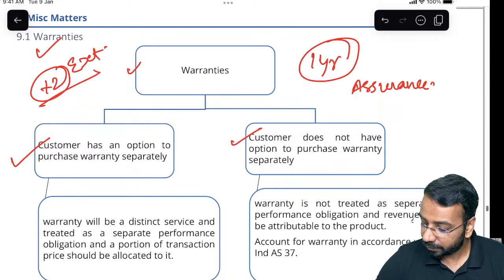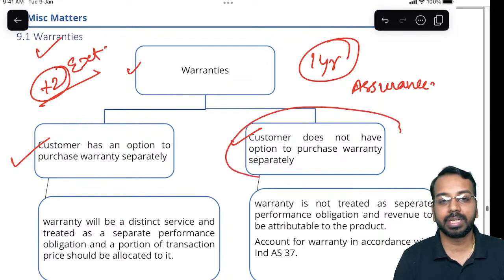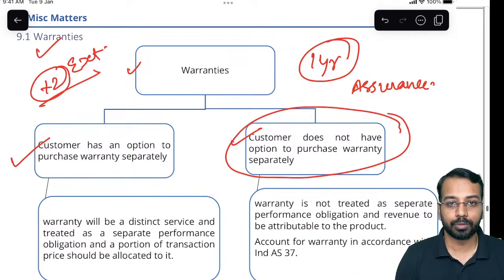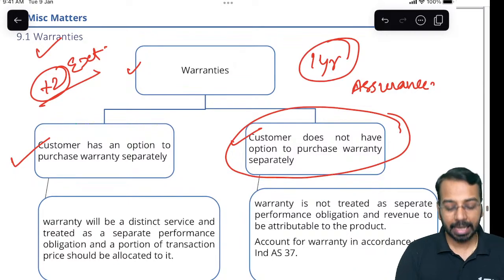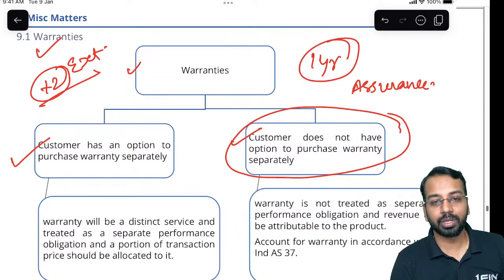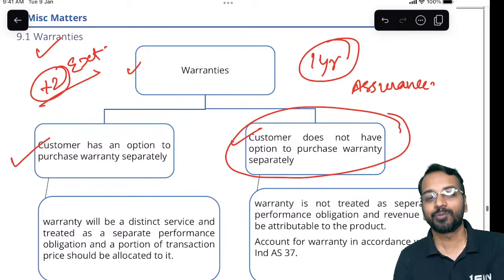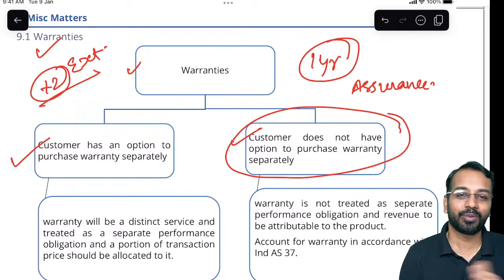If the option is not available to purchase separately, for example, I purchased a phone and the warranty is combined with the phone and cannot be separated. You cannot say, keep the warranty with you, give me a discount. Otherwise, if something goes wrong, what will happen?